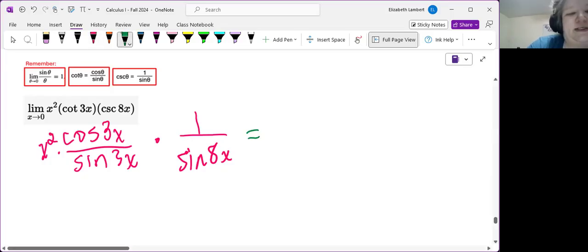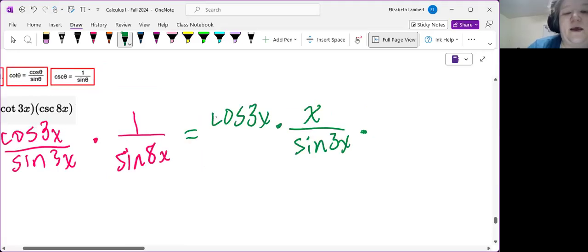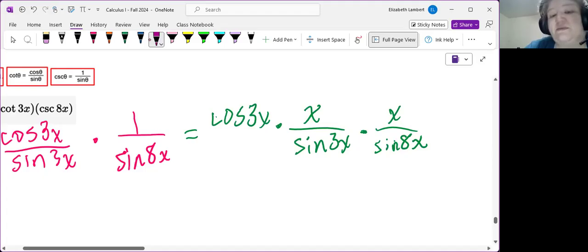So our cosine 3x, we'll just leave him up front. And then one of the x's is going to go with sine of 3x on the bottom, and the other x is going to go with sine of 8x on the bottom. Now, just like we did before, I need what I'm taking the sine of to match the other part of its fraction.